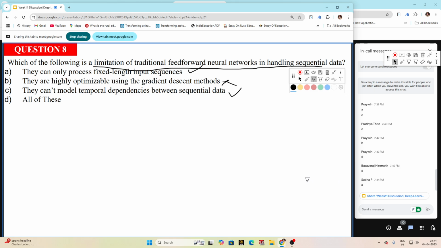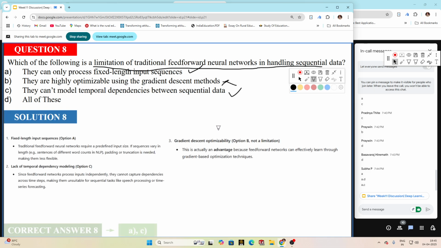Back propagation over time, we have this limitation because we have the problem of vanishing as well as exploding gradient. So this is the limitation of the RNN, not the traditional feed-forward network. A and C are the limitations of the traditional feed-forward network. So A as well as C is the correct answer. B is actually an advantage, not a limitation.